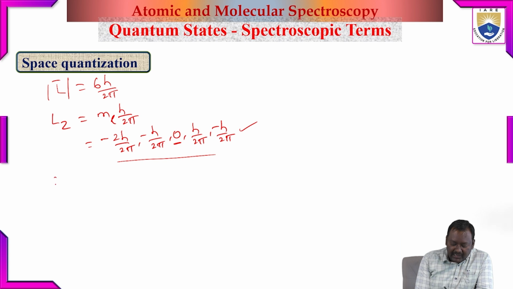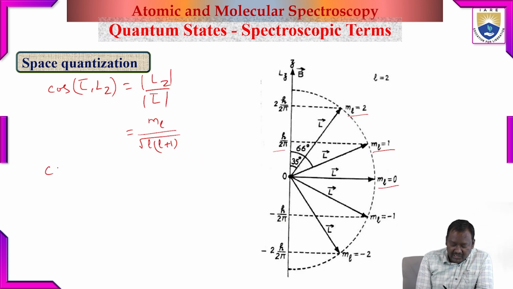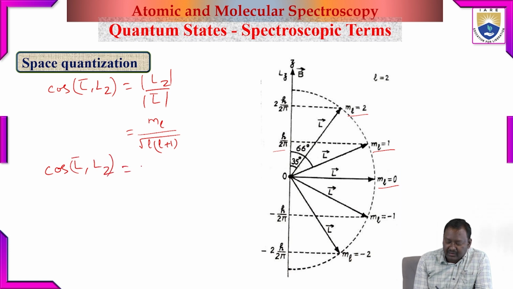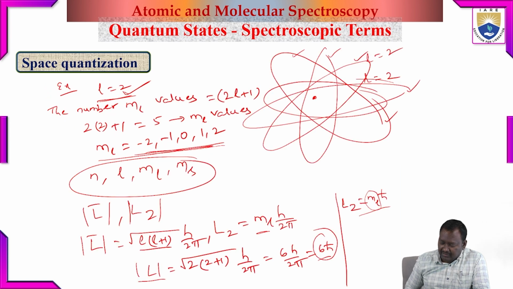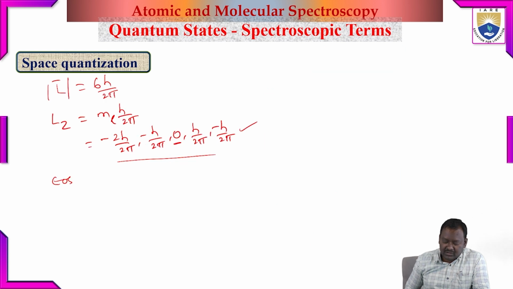So let us write the angles for the different orientations. The angle between L and Lz can be given by ml by square root 6, where the ml values are -2, -1, 0, 1, 2.